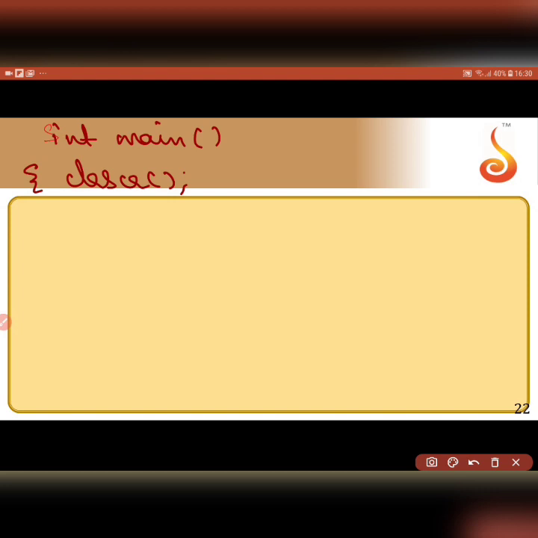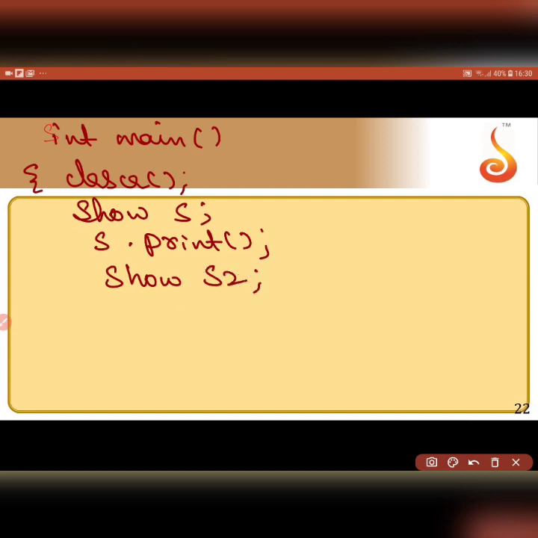Now first I have to create one object. Let me say show s1. I have created an object, and after that s1.print. Then show s2. I am creating one more object. After that return 0. Then I am closing my main. So this is my main function.